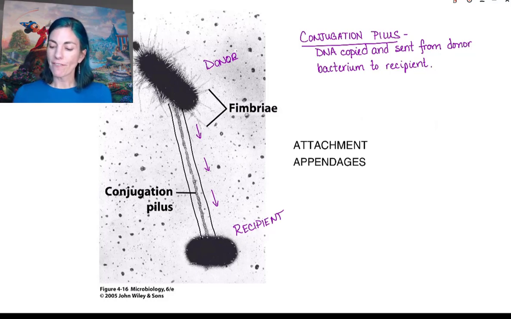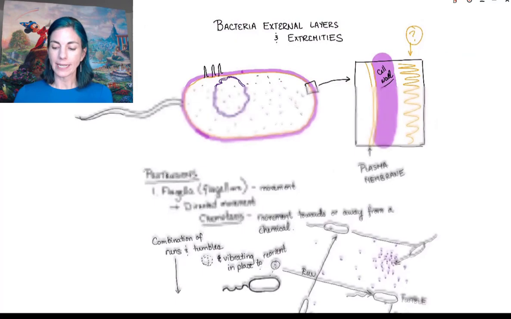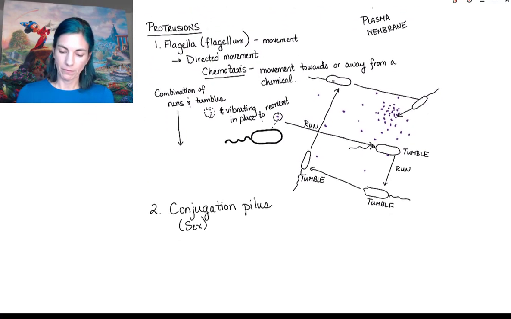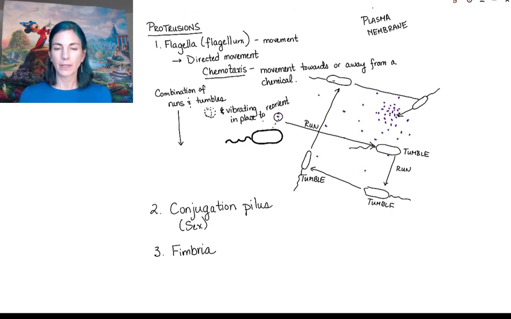The third and final protrusion that we might encounter is called fimbria. Fimbria are little hair-like spikes that stick out of bacteria, and they act like little gecko fingers.